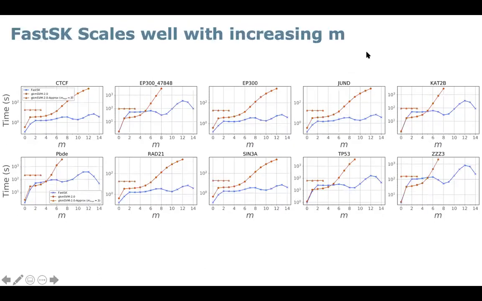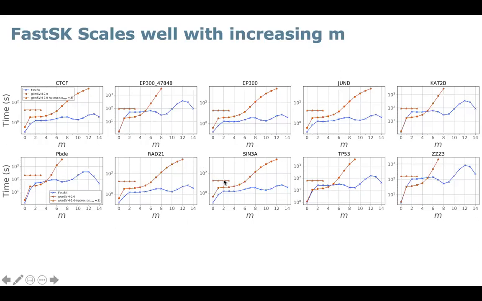And then a similar figure for m, the mismatch size. FastSK is almost constant with the increase of m. Again, gkm-SVM grows exponentially with m. For a lot of cases, we cannot have those results because it takes too long to get a result, so a majority of the gkm-SVM runs stopped earlier.